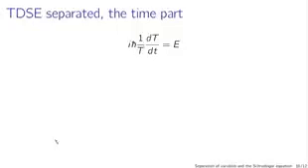The first one, the time part. This we can simplify by multiplying through by big T, as before, and you end up with i h bar dT/dt equals E times T. Taking the derivative of something and getting it back, multiplied by a constant, again should suggest exponentials.